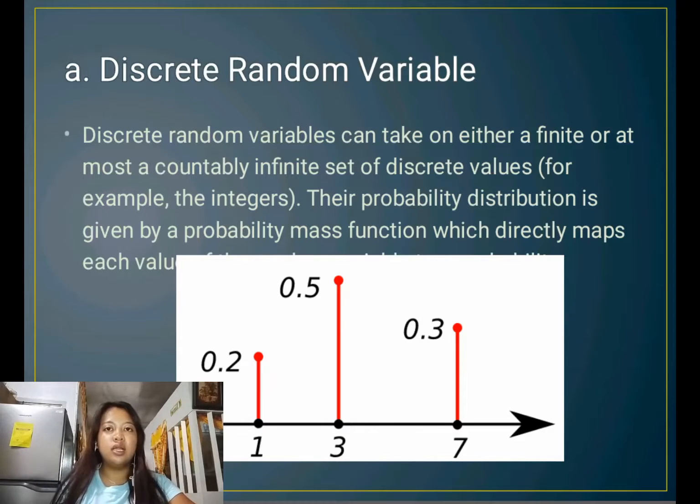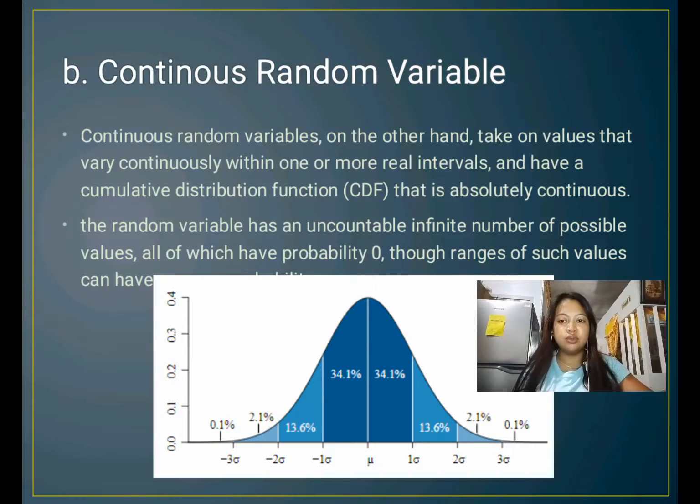The other type of random variable is the continuous random variable. Continuous random variables, on the other hand, take on values that vary continuously within one or more real intervals and have a cumulative distribution function or CDF that is absolutely continuous.